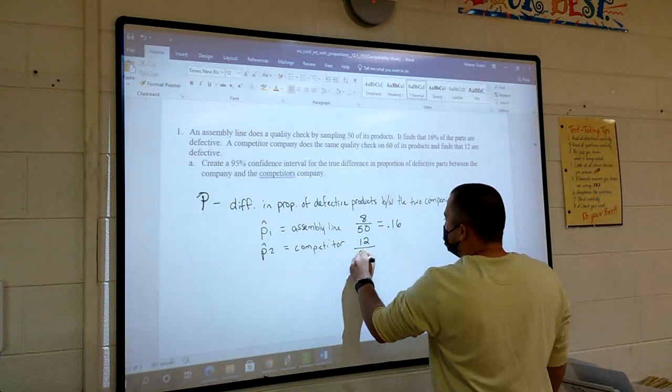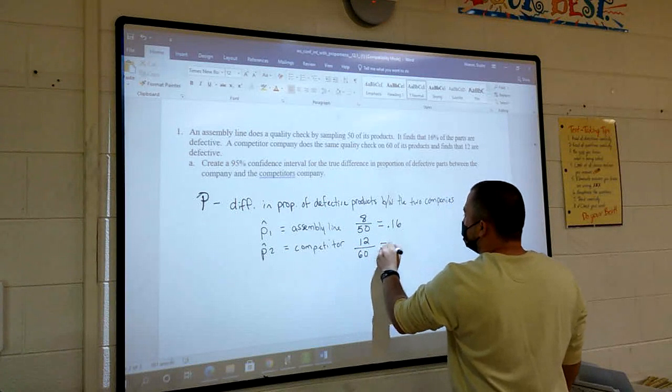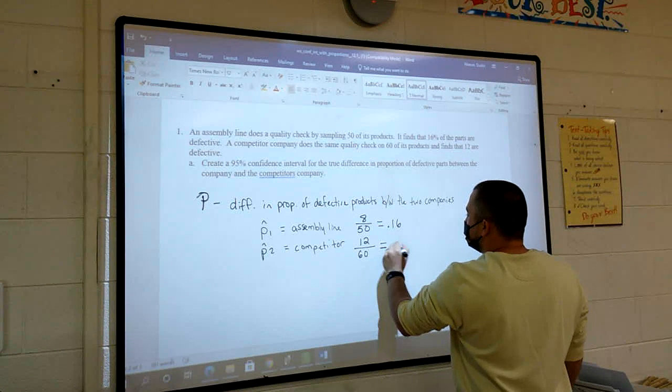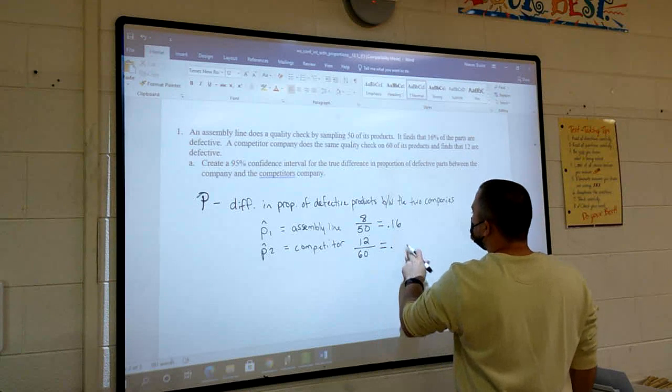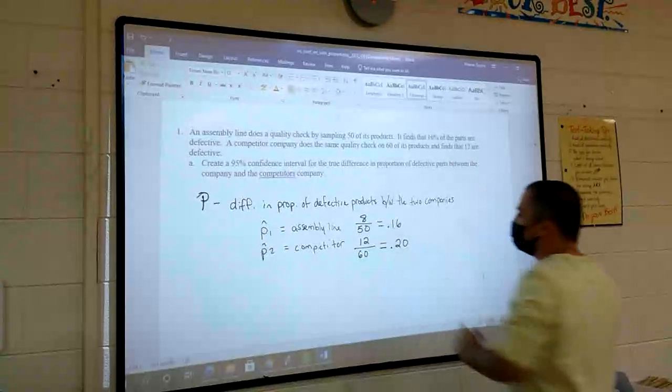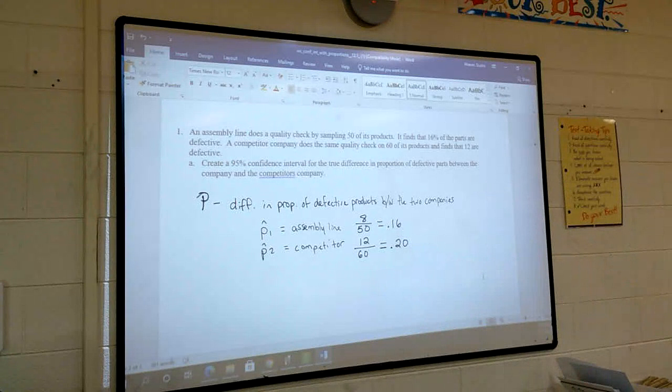So what is that proportion? Yep, 0.20, because 12 times 5 would give us 60, so 20% right there. So we have our proportions and our fractions and everything. So we're good for that first part. Okay? So that's a key.